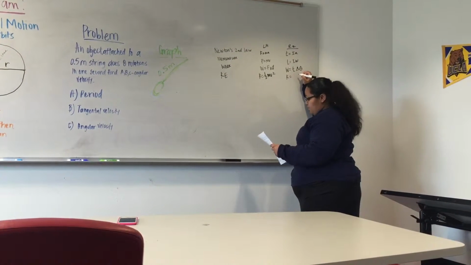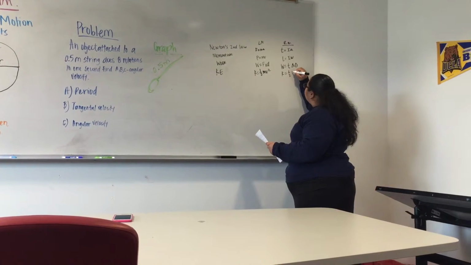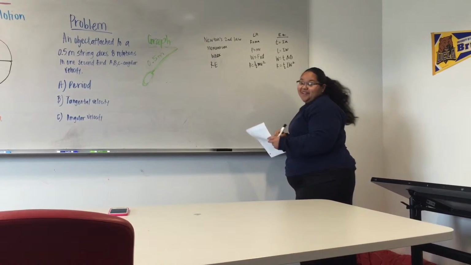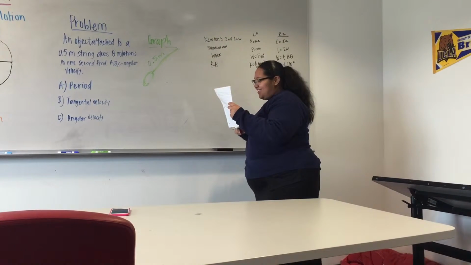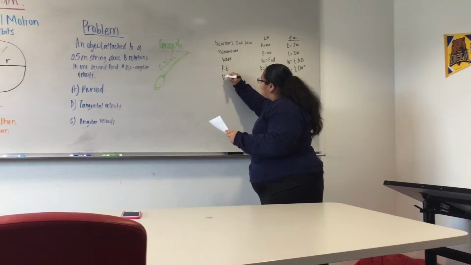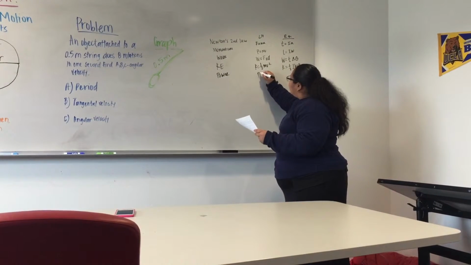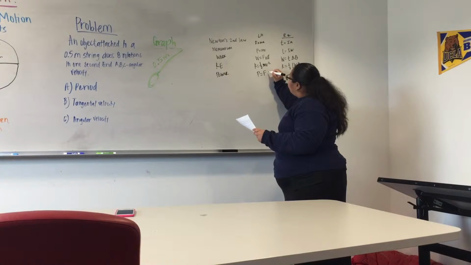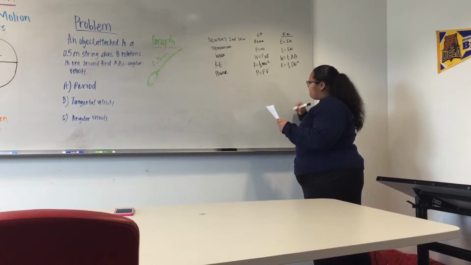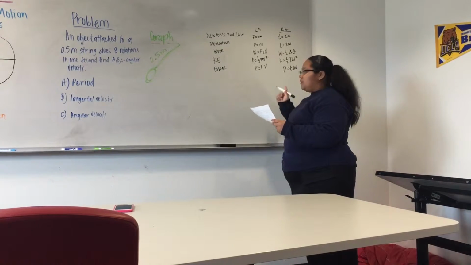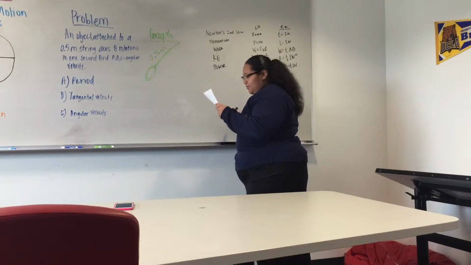In rotational, we have 1/2 I omega squared. Power. We have P equals Fv, and over here we have P equals torque times omega, the little W. It's not W though.